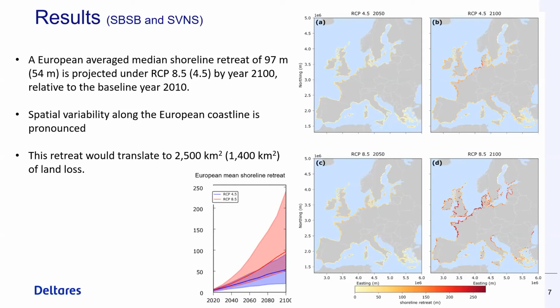While this coastal retreat could translate to almost 2,500 square kilometers loss with RCP 8.5 over all of Europe. You can see some areas of Europe here that are not included, for example, in Croatia, and this has to do with there was no availability of geophysical information on these areas.